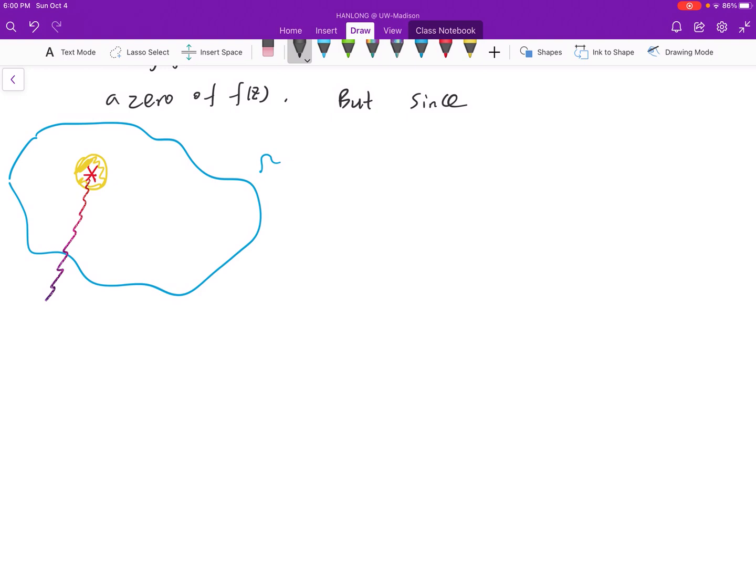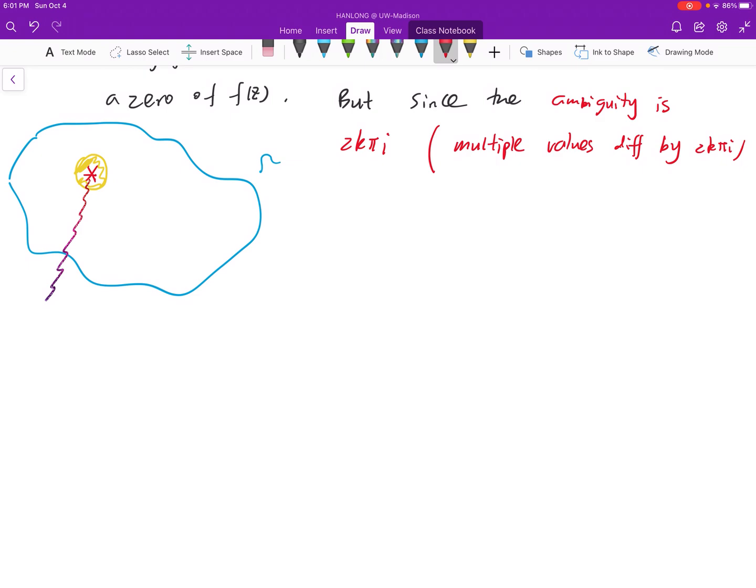Since the ambiguity is 2k pi i, that is, the multiple values differ by 2k pi i, if you want to eliminate the ambiguity, one way is to do cutting, the other way is to take the derivative.